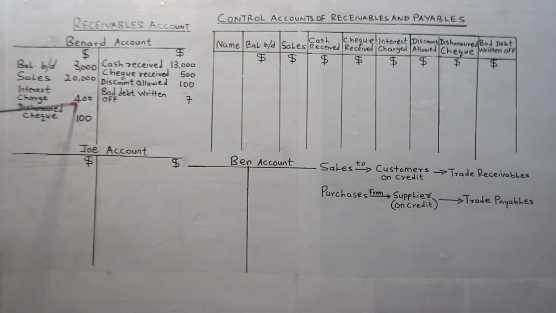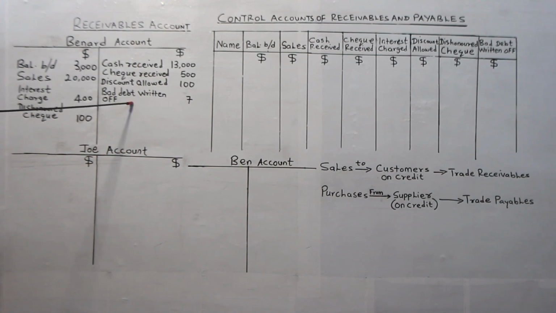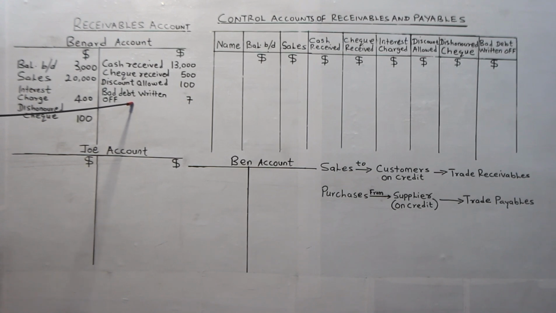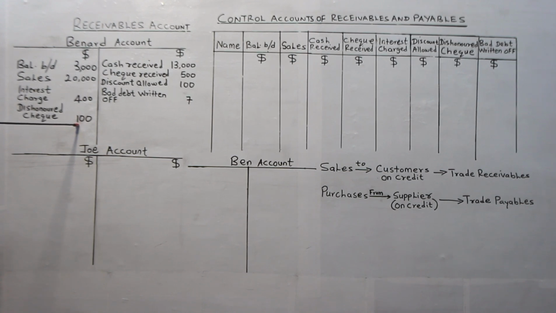There are also other transactions that could be debited to the receivables control account. And there are also other transactions that could be credited to the receivables control account. But the simple rule is that we debit the amount receivables are owing and debit alongside any transaction that increases the amount they are owing.